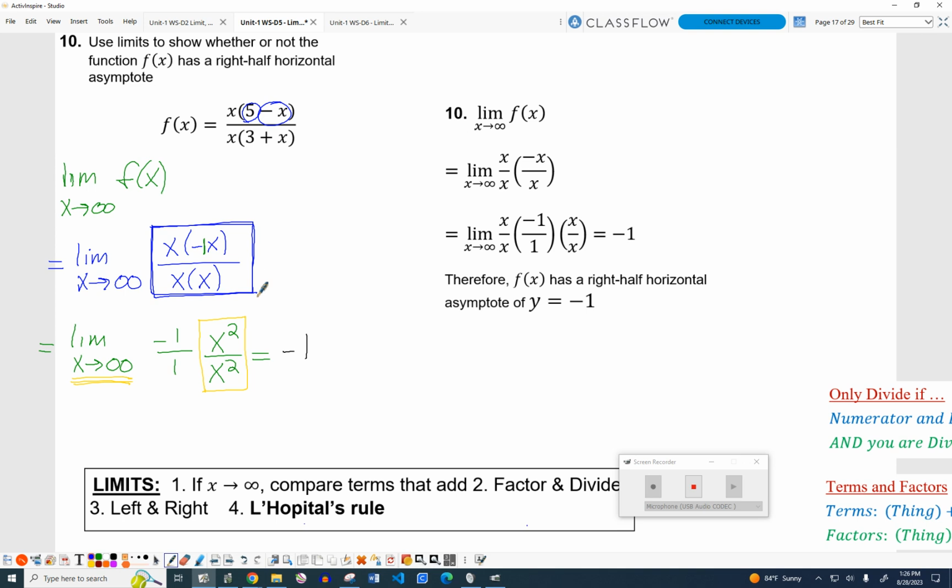So I thought of a way to rewrite this, and said this is really x multiplied by negative 1 multiplied by x. That's the same thing as negative 1 multiplied by x squared, so I'm just going to separate them. So I could get a matching factor again, because the bottom is x multiplied by x, or x squared.